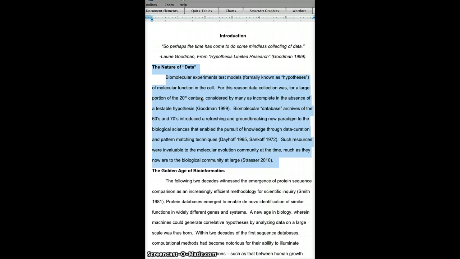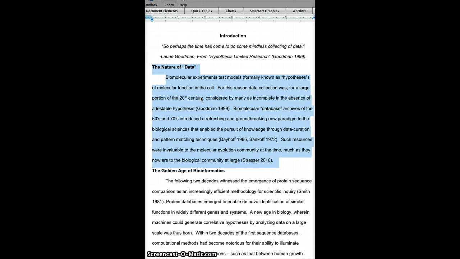Biomolecular database archives of the 60s and 70s introduced a refreshing and groundbreaking new paradigm to the biological sciences that enabled the pursuit of knowledge through data curation and pattern matching techniques. Dayhoff, 1965, Sankoff, 1972. Such resources were invaluable to the molecular evolution community at the time, much as they now are to the biological community at large.